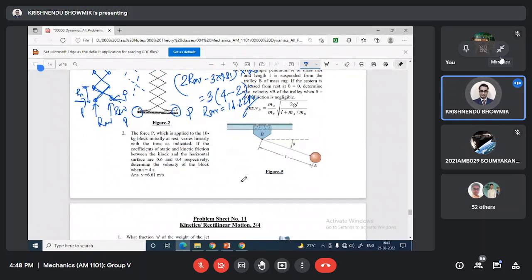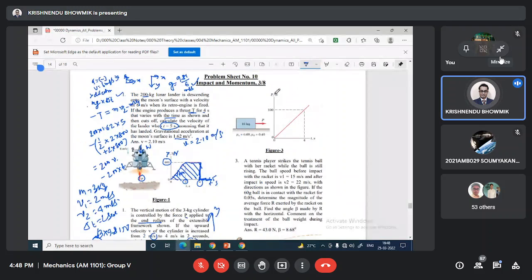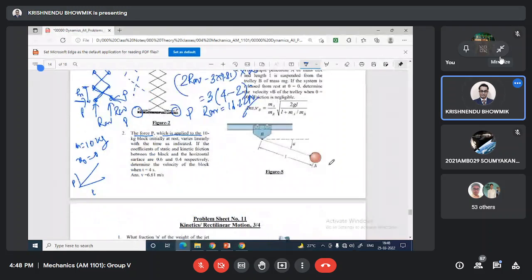So this one: force P is applied to an m equal to 10 kg block, which was initially at rest, and varies linearly with time as indicated. P with time, it is linearly varying.